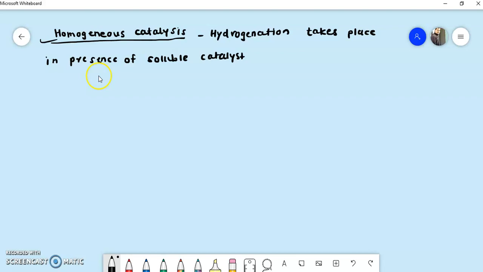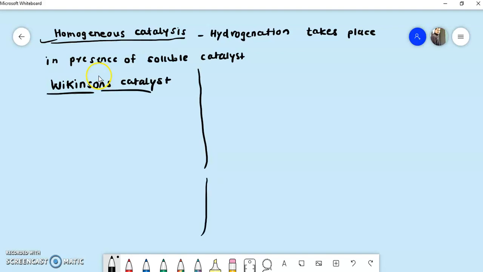Now the important catalyst used here, we have to study, is the Wilkinson catalyst, because it is a soluble catalyst. So I will explain in brief about this Wilkinson catalyst. This is a very important catalyst.